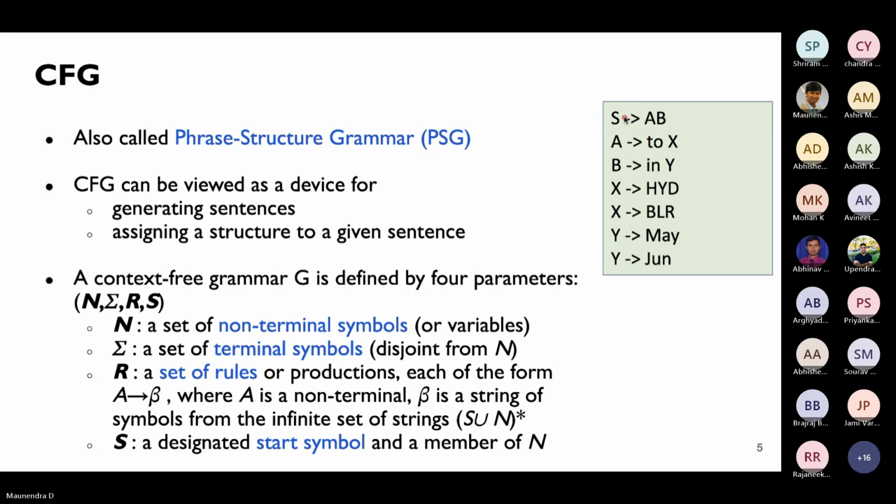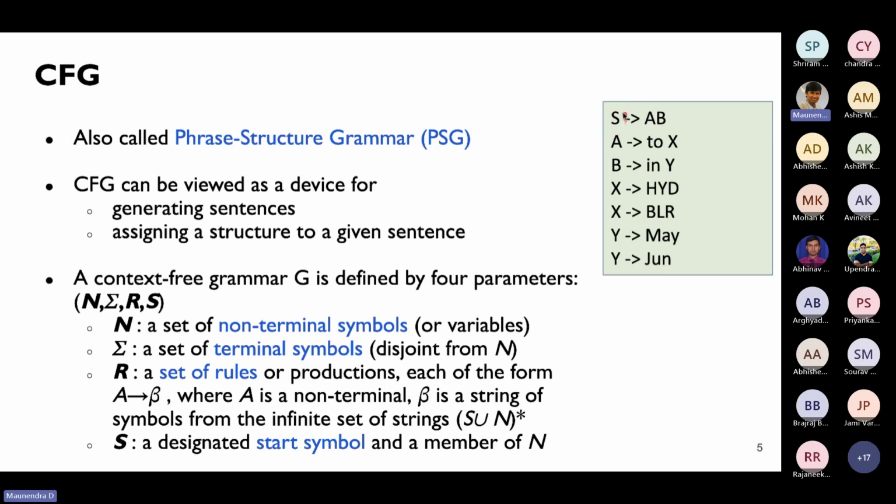The rules say that if you have S anywhere, which is a non-terminal, you can expand it into AB. So suppose we have decided to generate a sentence, and we want to generate it following this context-free grammar. The sentence will start with the start symbol S.